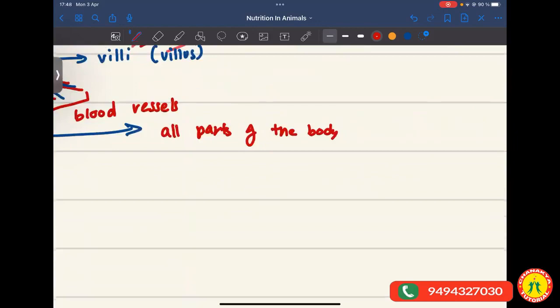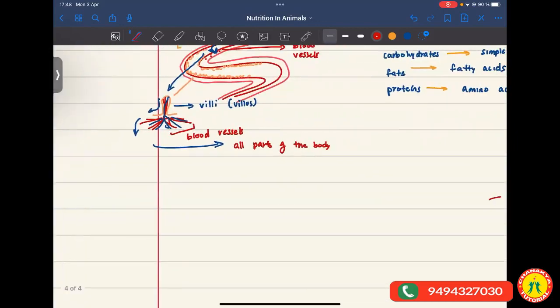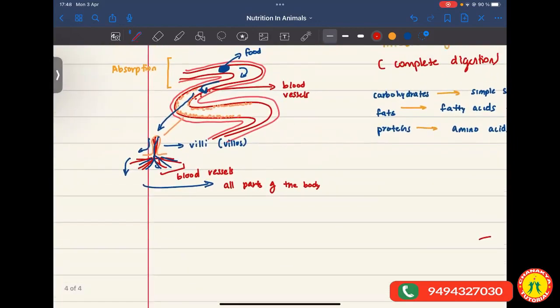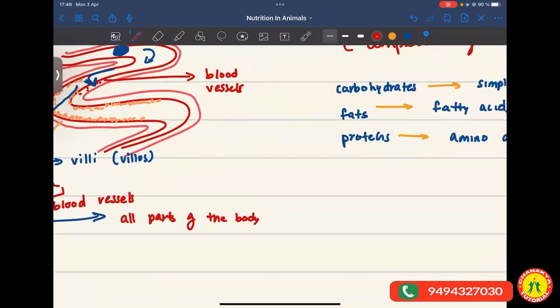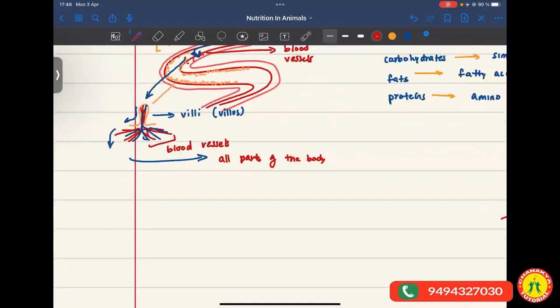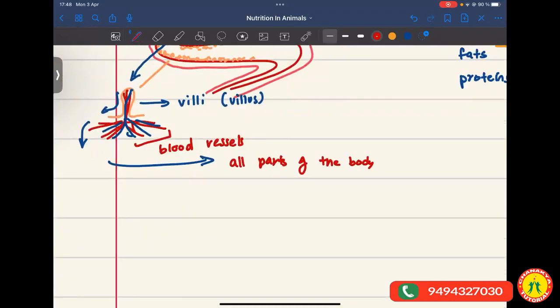So this is one funny thing that happens in our body. When you consume protein, the protein is broken down into amino acids and absorbed by the small intestine into our blood vessels. From the blood, it goes to different organs of the body.